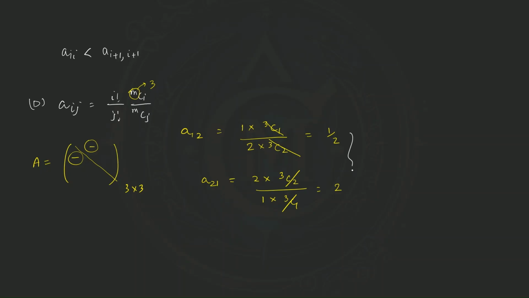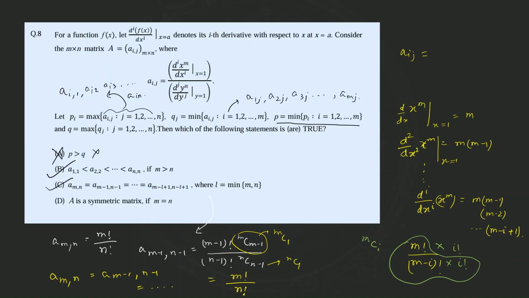But that is not the case. That means we found an appropriate counter example to this statement. That is why this statement is false. So A need not be a symmetric matrix. So the statement that A is a symmetric matrix if m equal to n is wrong. That means our correct options for this question will be option B and option C.